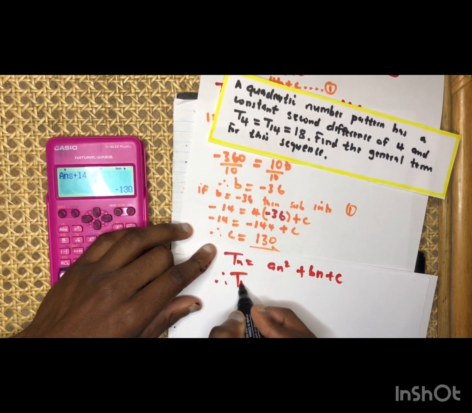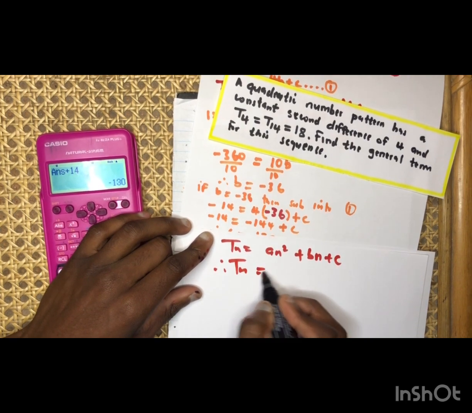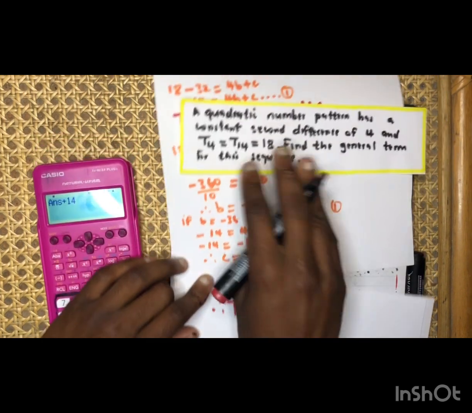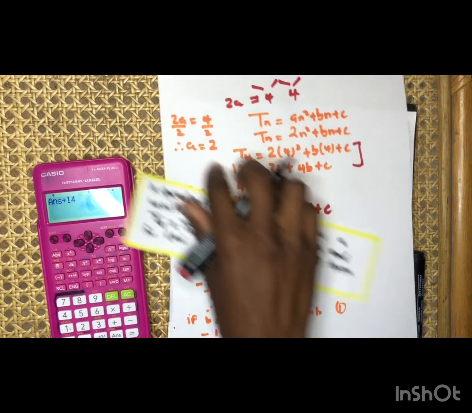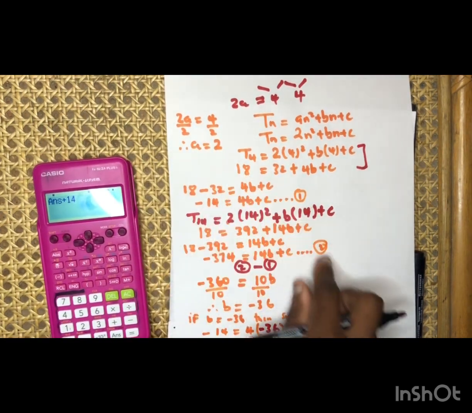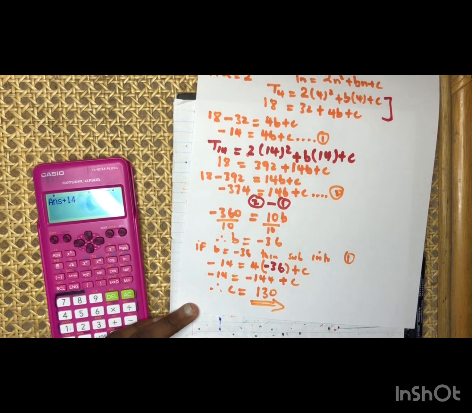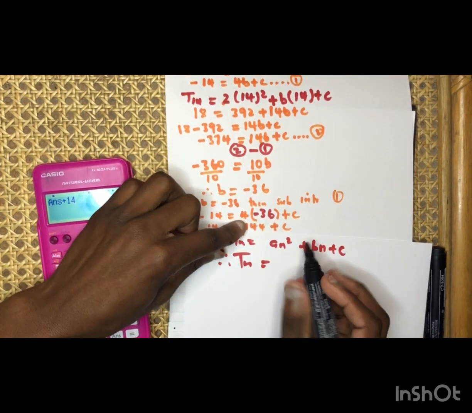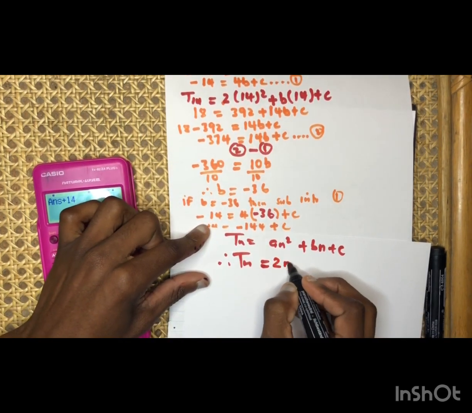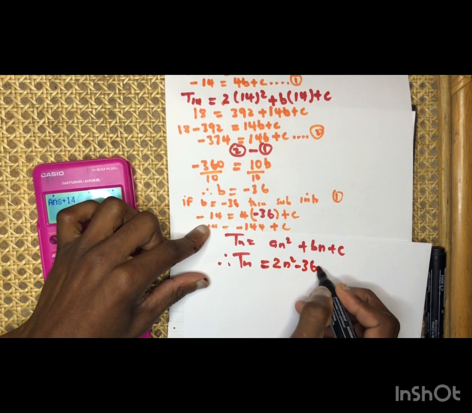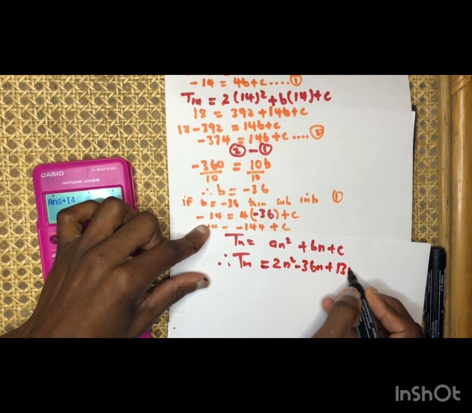Now we can conclude, because we found a to be 2, b to be negative 36, and c to be 130. So now we can say Tn is equal to 2n squared minus 36n plus 130.